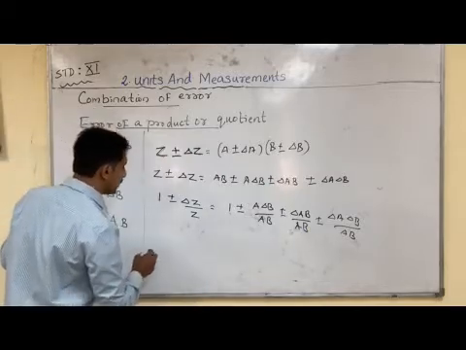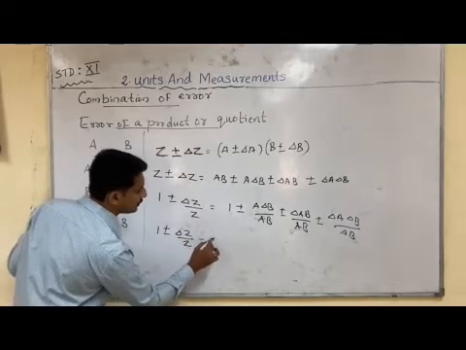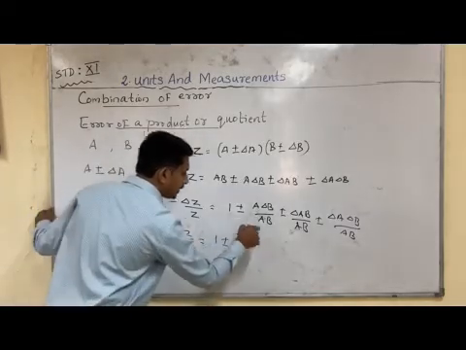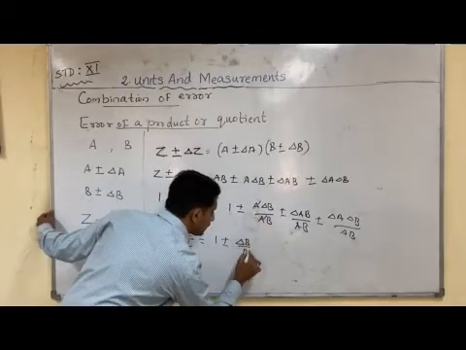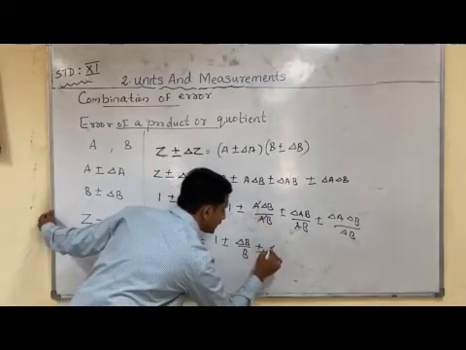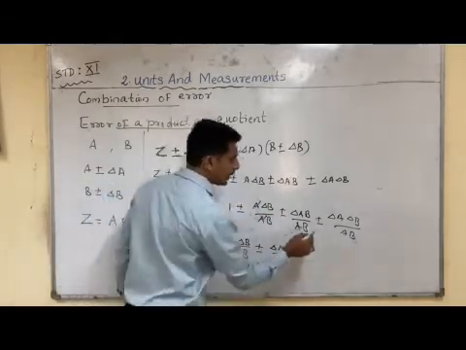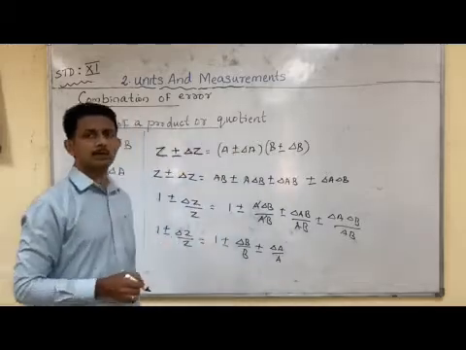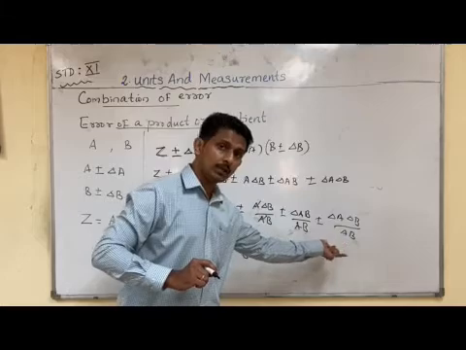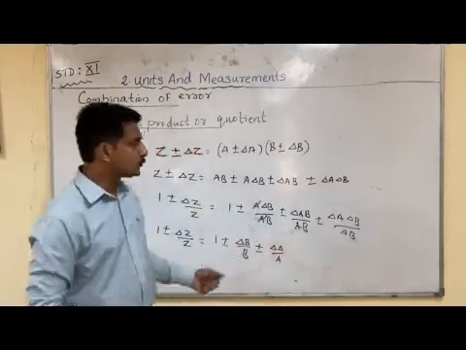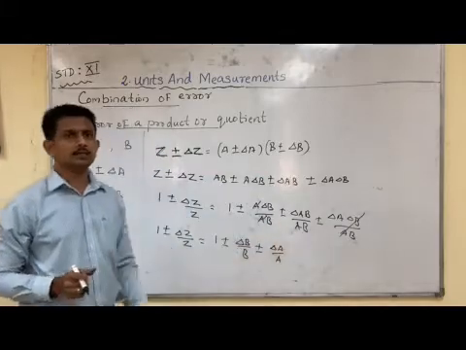So our equation becomes 1 plus or minus delta Z by Z is equal to 1 plus or minus delta B by B plus or minus delta A by A, and this time plus or minus delta A delta B divided by AB. This delta A delta B is very small, divided by the term AB, so this term is going to be very small and we can neglect this last term.